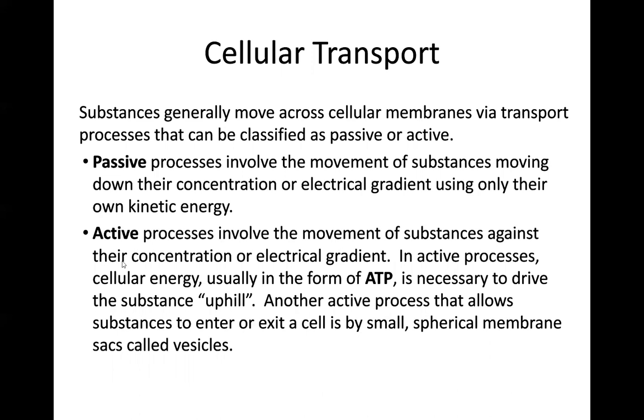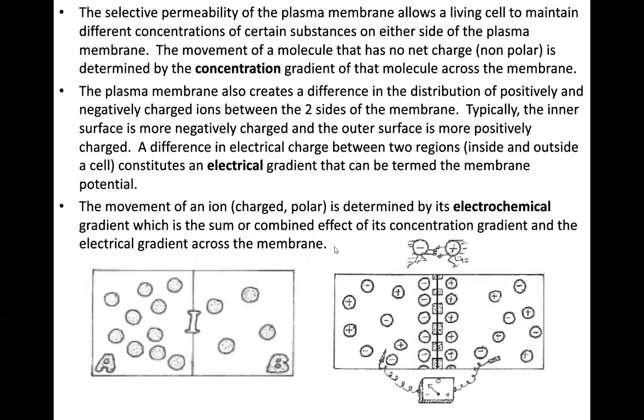But if you're pushing a ball up the hill, you have to continually push it all the way to the top because you're going against gravity, against the gradient. That's why we require ATP. So if we were talking about active transport, we would be going from B to A, from low to high. So that's what we have for molecules that have no net charge. Oxygen and carbon dioxide are good examples.